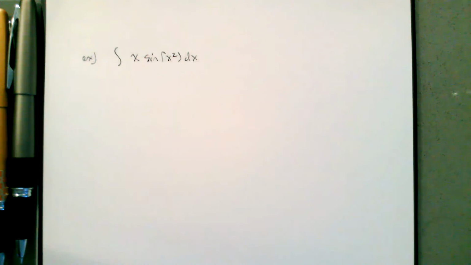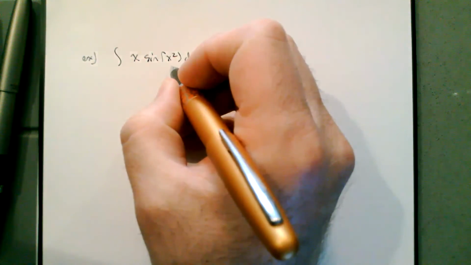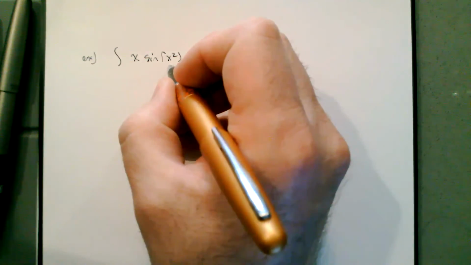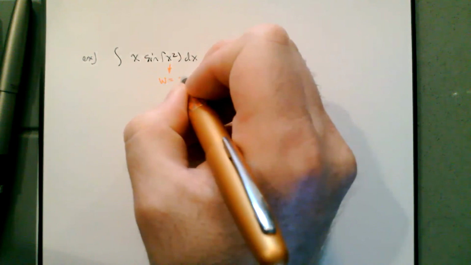There's a composition of functions there. To make the substitution w equals x squared work, I need a copy of x to be the dw, and I have it. I have that x out in front. So this is not parts because we can make the substitution w equals x squared.